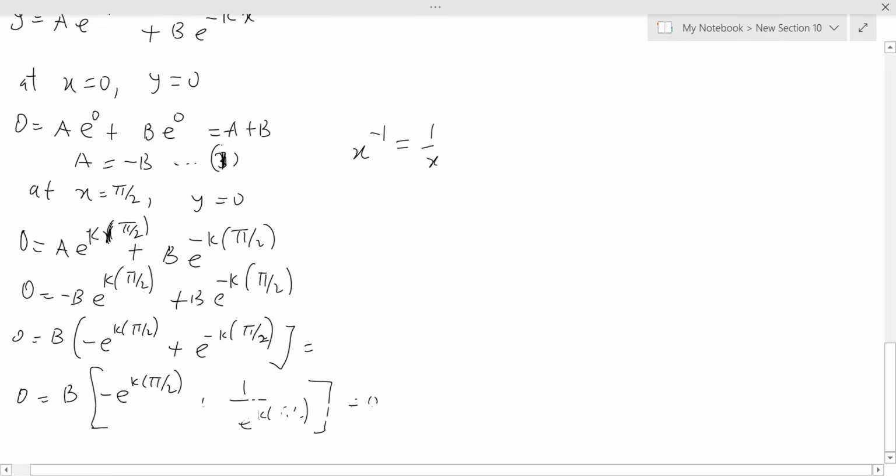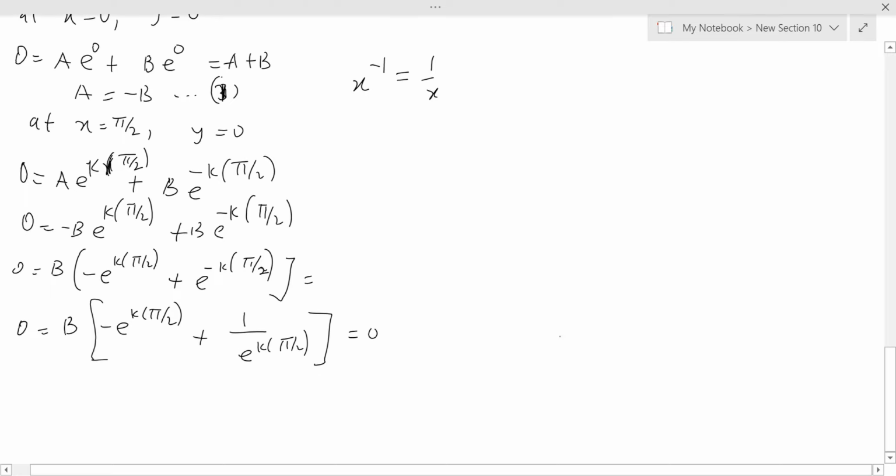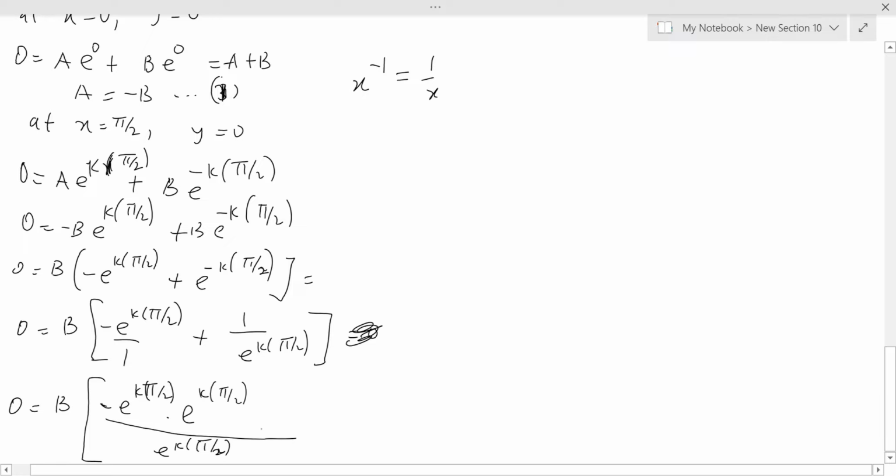Then you get minus exponential k pi over 2 times exponential k pi over 2, because this one is over 1. If you multiply, you get twice over of it, which should be k pi over 2 also. Then if this divides this, you get 1, so that is plus 1.